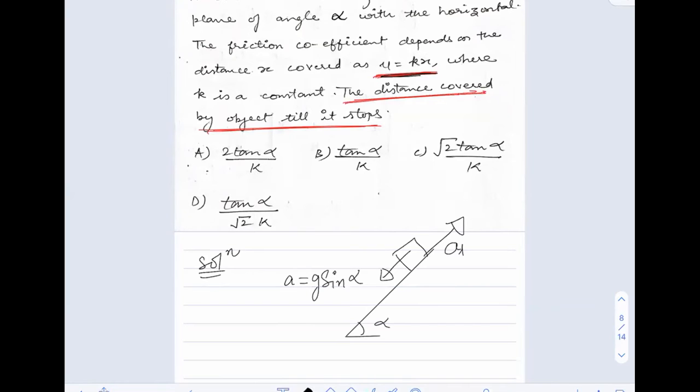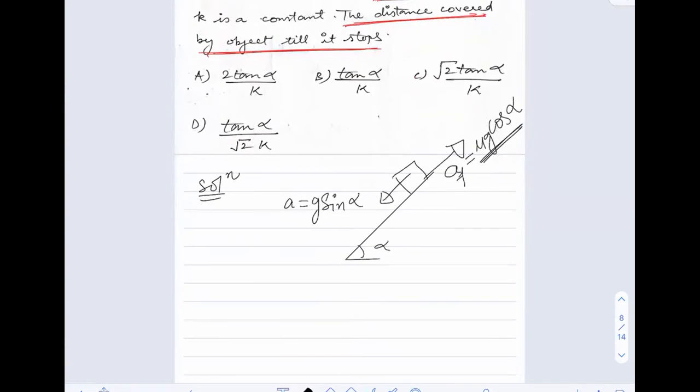What can I write for the retardation due to friction? I will write it as mu g cos of alpha, because the frictional force I can write as mu mg cos of alpha. So acceleration will be divided by mass, so it will be mu g cos of alpha.